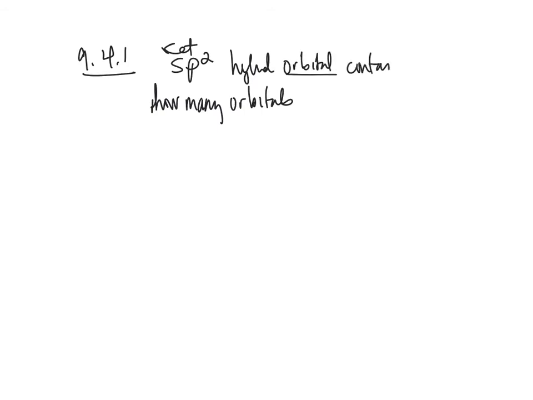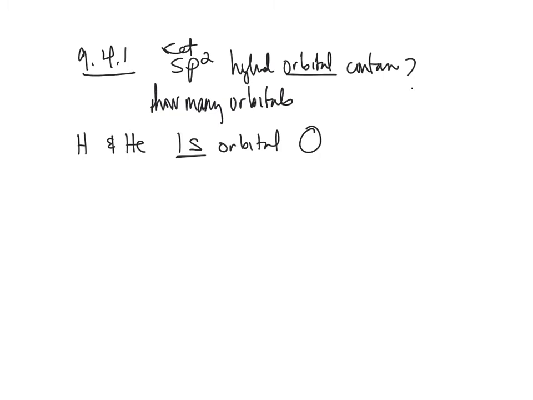So what happens here is you've got to look at the first row. Hydrogen and helium only have 1s orbitals. An orbital is just the S shape, the probability cloud, the electron cloud in which you're going to find an electron.